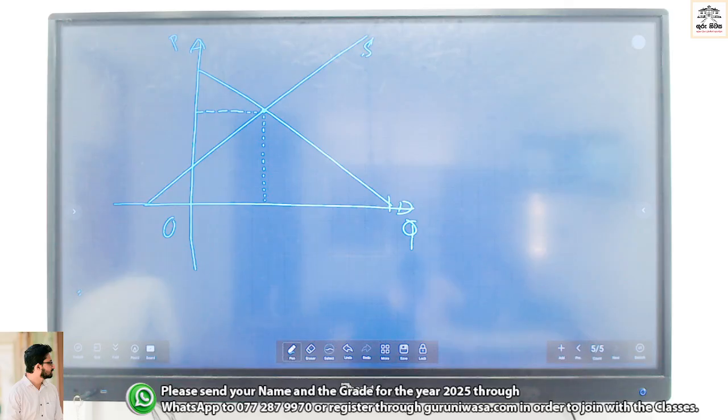Yes, Dipna, very good. The answer is correct. Consumer surplus and producer surplus must both be in rupees. I mean, it should be a monetary value.